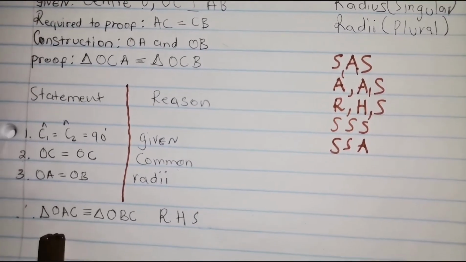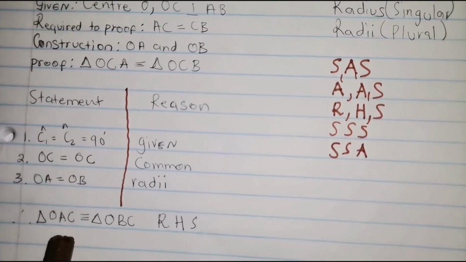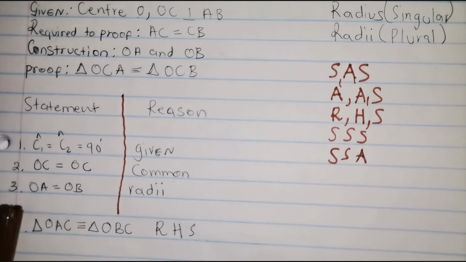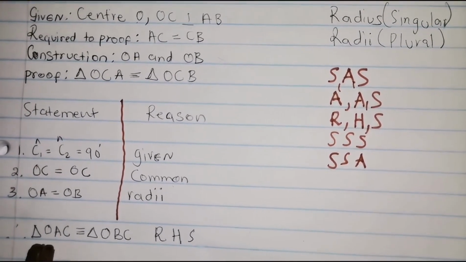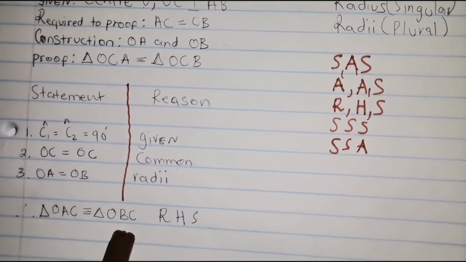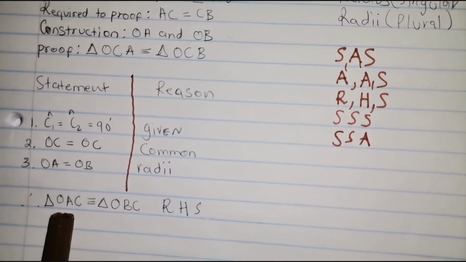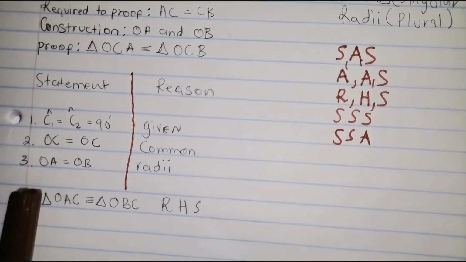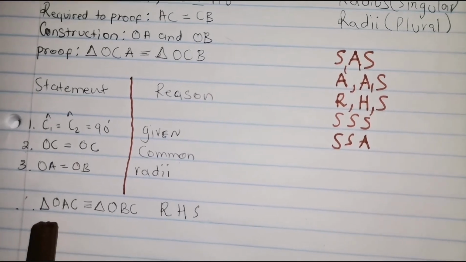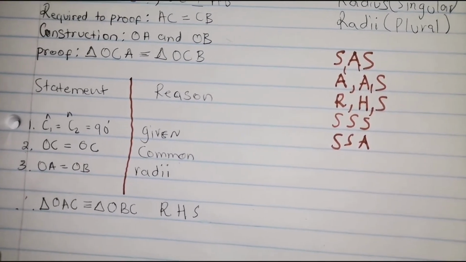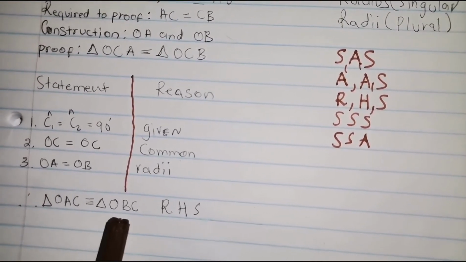So guys, remember, in your conclusion, meaning the triangles that you have after you have proven the sides are equal or the angles are equal, you need to make sure that this is in order. Basically, when I check, what you have written here needs to correlate with what you have proven here. You can see that OA from this triangle is equal to OB from this triangle.